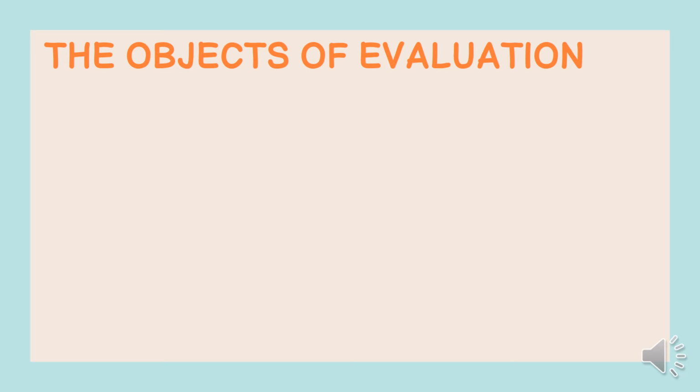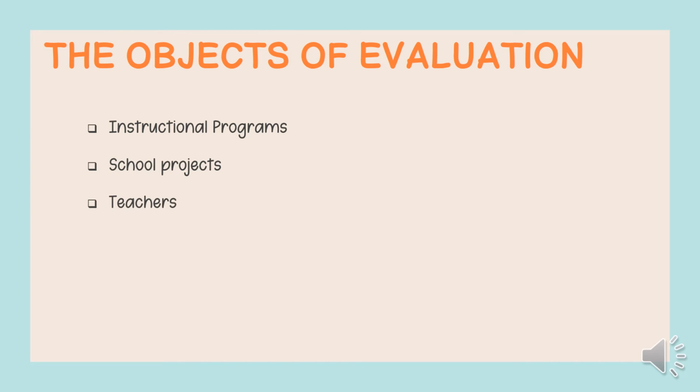Now, there are objects of evaluation. Objects of evaluation focus on the instructional programs, school projects, teachers, students, and educational goals. For example, we evaluate the performance of a particular school as far as the program or the implementation of Education for All, which is the project for a particular district.